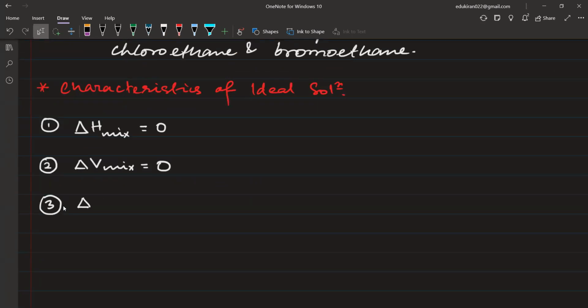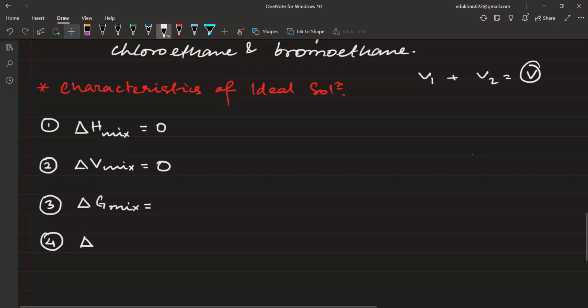delta G of mixing. When delta H is equal to 0, in that case delta G will be completely dependent on the entropy. So what will be the entropy? As you know, we have V1 and then you will add another liquid V2. Basically, the volume is increasing, right? The total volume is increasing. Earlier liquid A had, for example, 500 ml, and B had 500 ml.